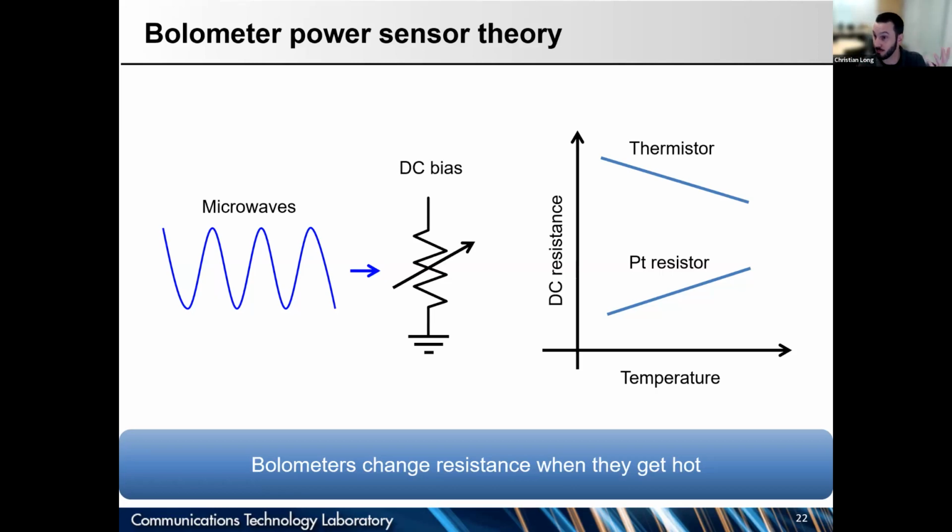There's a current and a voltage. So when you add some RF or microwave power to the resistor, it gets warmed up, and the DC power meter will back off the amount of DC power that it's putting in to hold the resistance constant. And by looking at the change in DC power, we can get an estimate of the RF power that's going into the device.